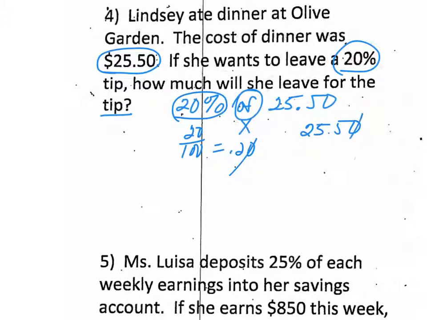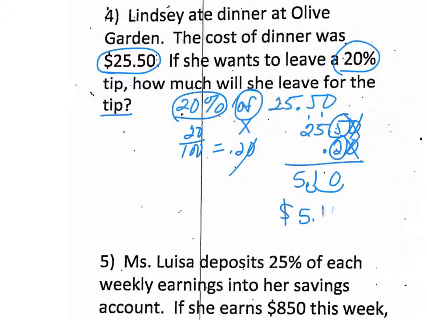Again, I could also leave that 0 off. And I'm going to multiply it by 0.2. I'm going to just cross those off. We don't need them. If we don't need them, we're not going to worry about them. That would be 10, 11, 5. There are two numbers because I ignored those behind. And so the tip is $5.10.